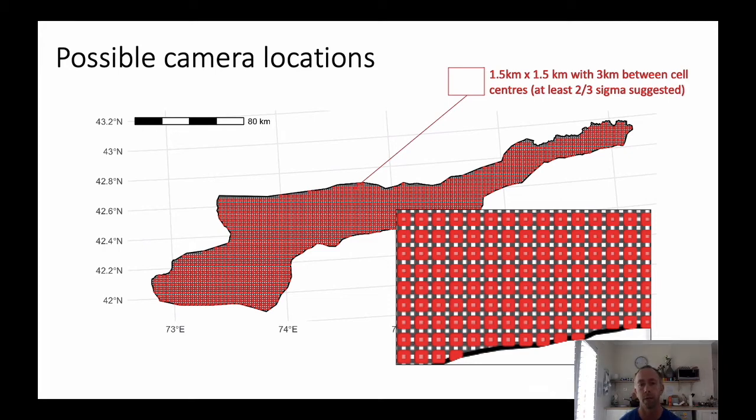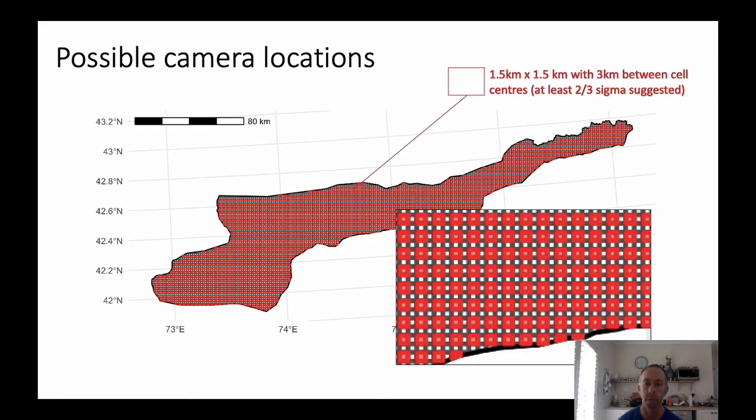We'll land up with a set of hundreds or thousands of possible camera locations, whereas we'll only have 40 or 60 cameras, say, to go around. So what we'll now like to do is to pass these possible camera locations to an optimization algorithm and let it decide out of the thousands of possible camera locations which are the 40 or 60 or 80 sites that we should put our cameras at.